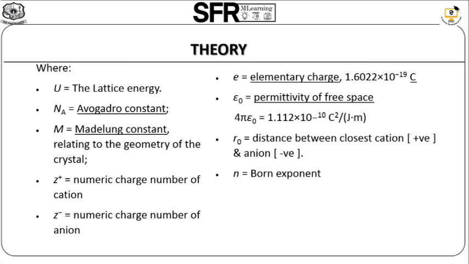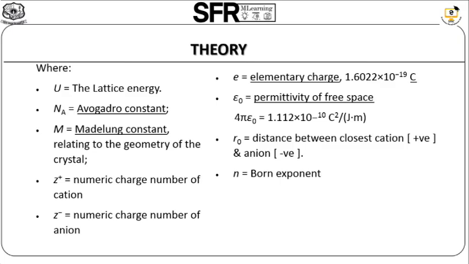These are the expansions of each, and U is the lattice energy, N is the Avogadro's constant, and M is the modeling constant. The modeling constant depends on the geometry of the crystal. The modeling constant value of the sodium chloride is 1.75 and the cesium chloride is 1.76, fluoride is 2.52, etc. The Avogadro number Na value is 6.022 into 10 power 23 per mole.